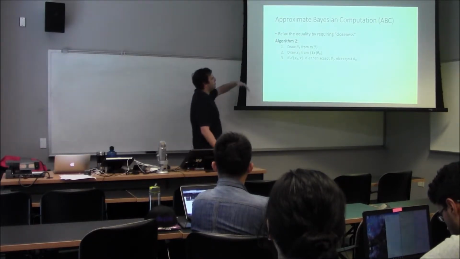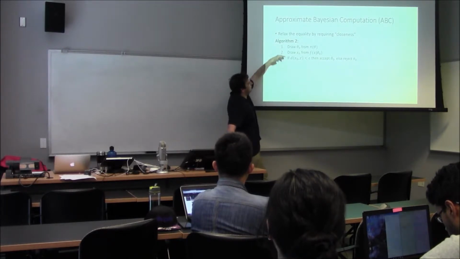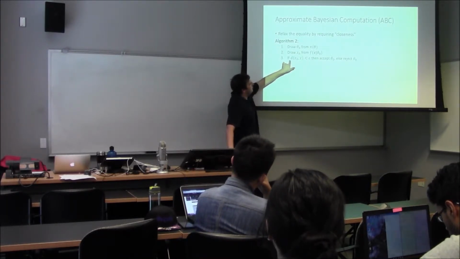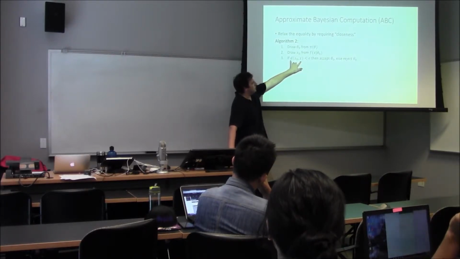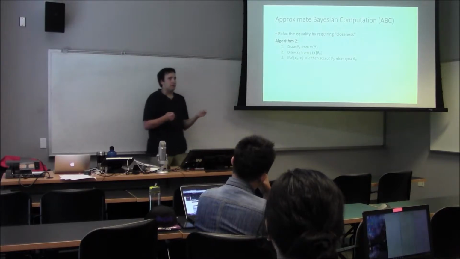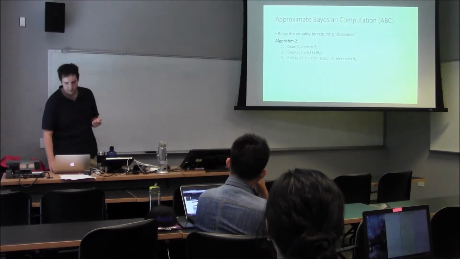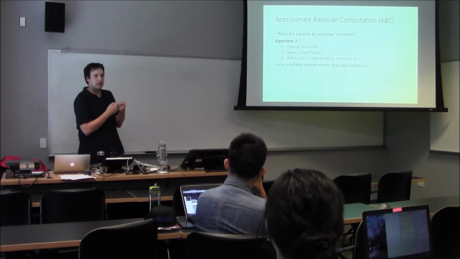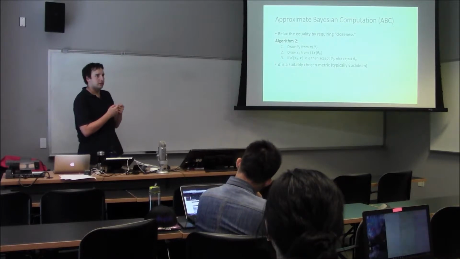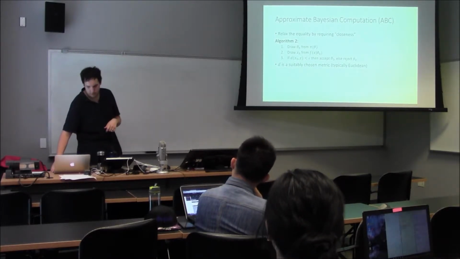We follow the same pattern: draw a theta, draw some data, then measure the distance between the observed data and the simulated data, and see whether they are sufficiently close for some metric d. If in distance they're within epsilon of each other, then we say that's a pretty good approximation. Otherwise, we throw it out.